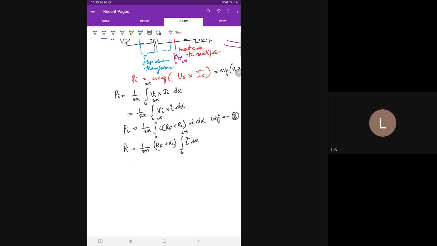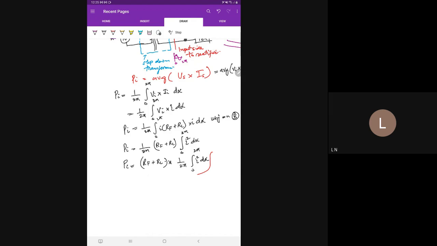Or we can say that P input power will be equal to Rf plus RL into 1 divided by 2 pi integration 0 to 2 pi I square d alpha.